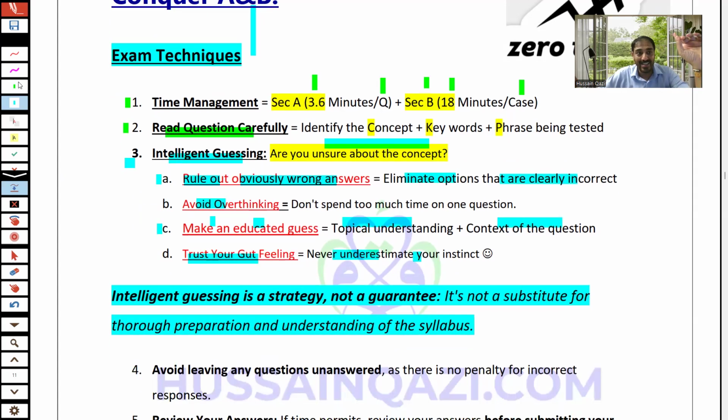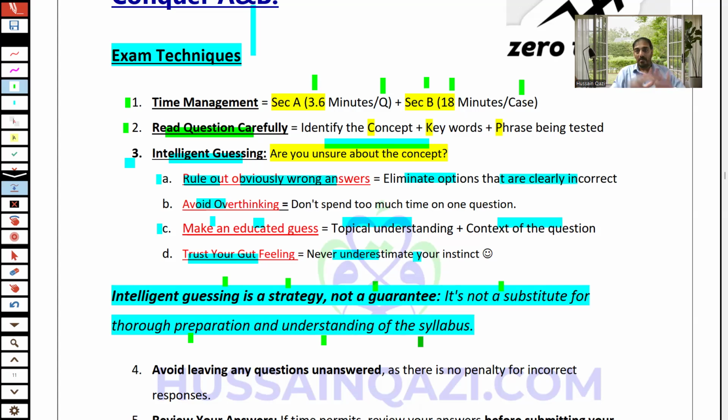But remember, intelligent guess is a strategy, not a guarantee. It is not a substitute for thorough preparation and understanding of the syllabus. You have to put in your best for thorough preparation. But sometimes, if you are stuck or confused, then apply this intelligent guess.